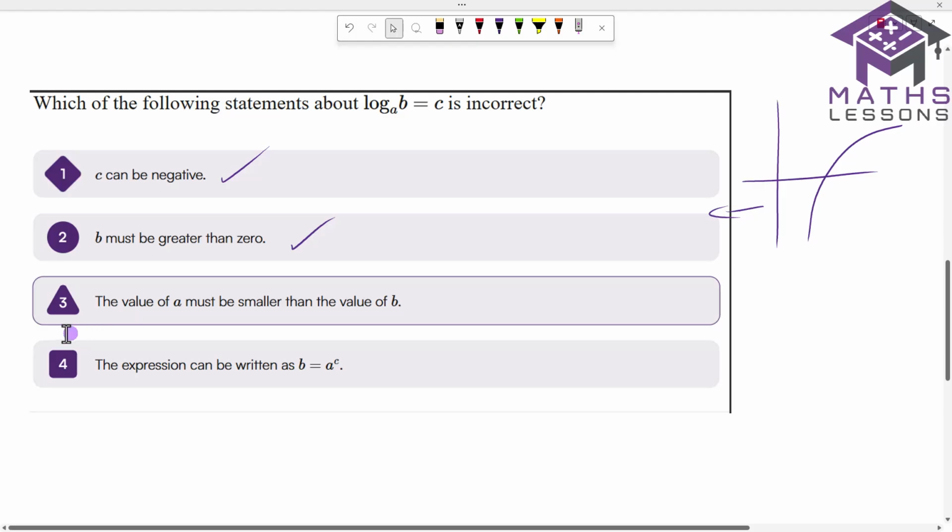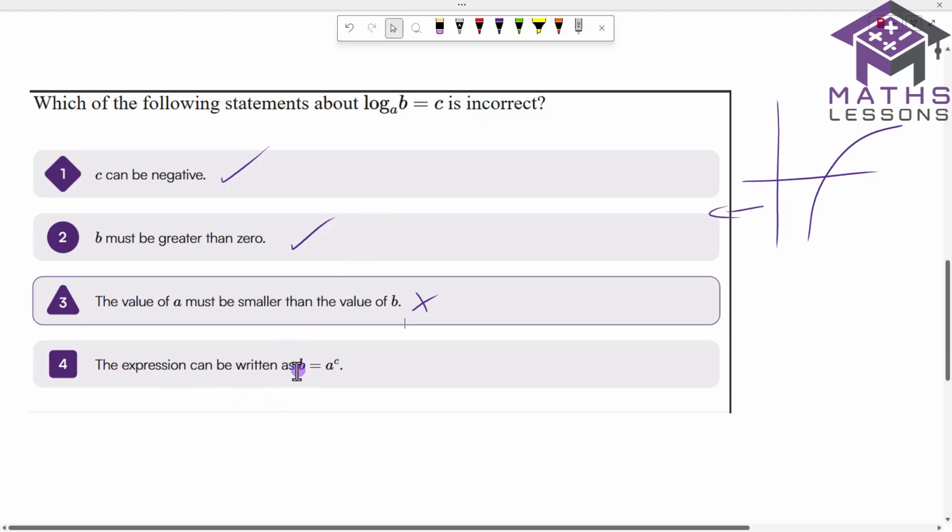That's also true. The value of A must be smaller than the value of B. And that is not true. Okay, we could do log to the base 10 of 2. That's quite perfectly okay. So that's probably the one that's incorrect.